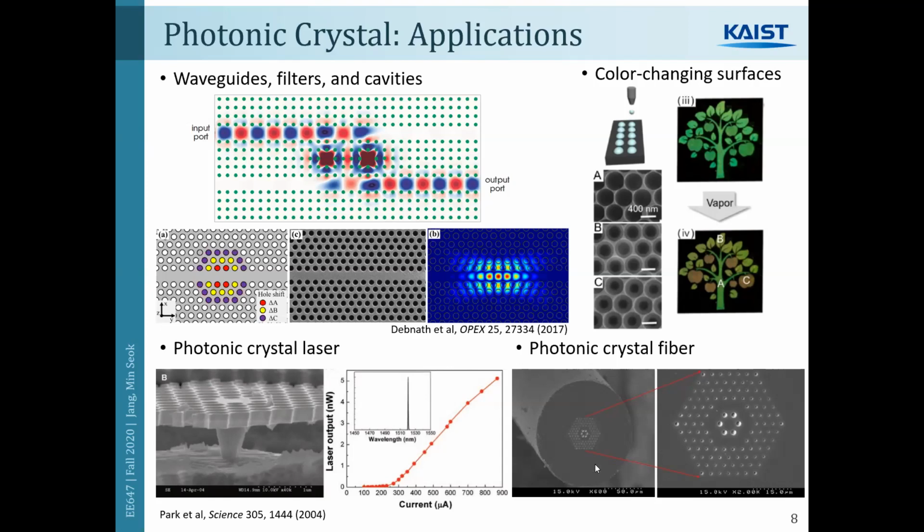And if you drill periodic holes in the cross-section of the optical fiber, then you can change its properties dramatically. These photonic crystal fibers are used to do nonlinear optics, but I'm not going to go into details right now. But anyway, this is one of the important photonic crystal applications.